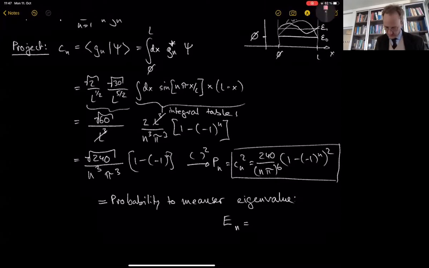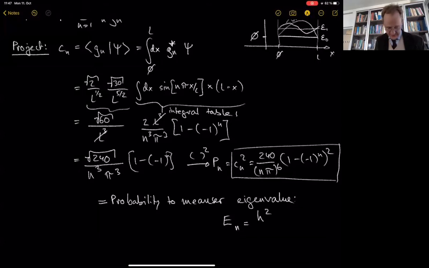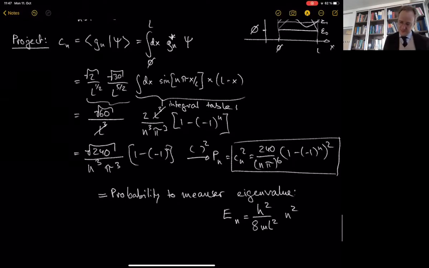En is h squared over 8mL squared times n squared, which is your level, right? So the energy grows quadratically with the level, right? But your probability decreases with the level, right?